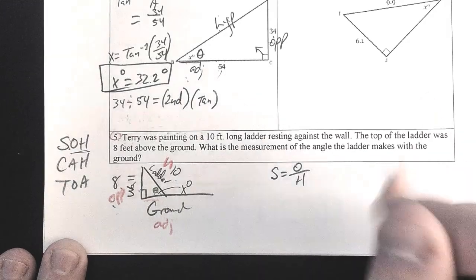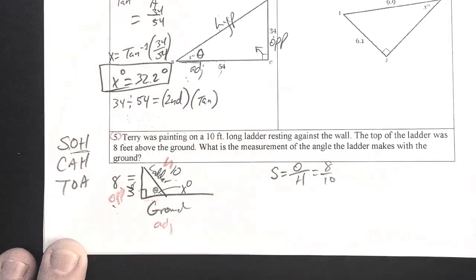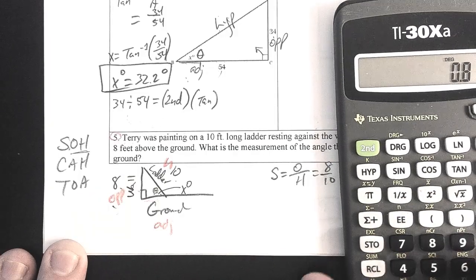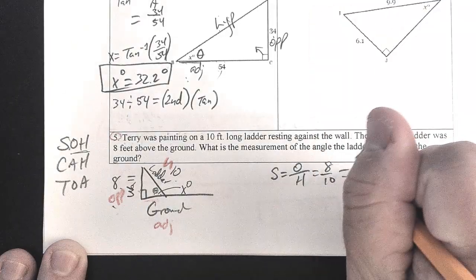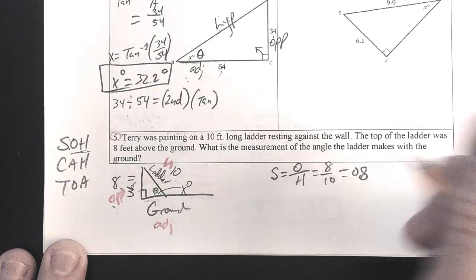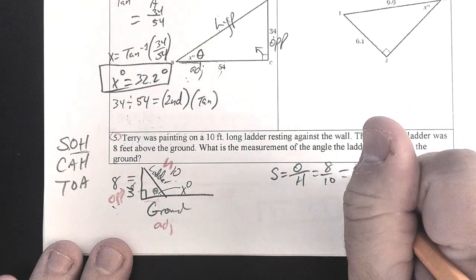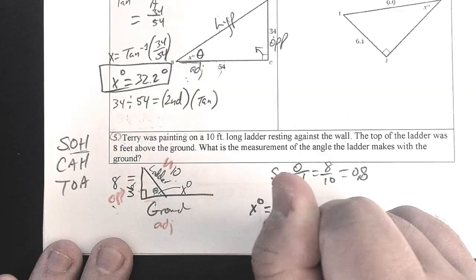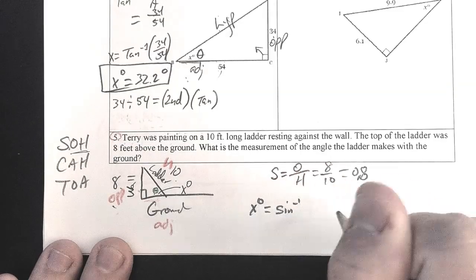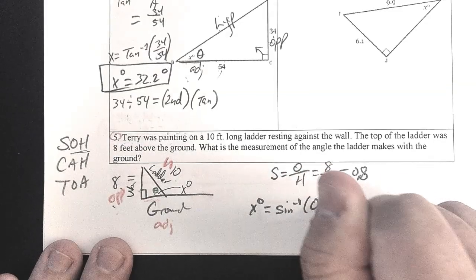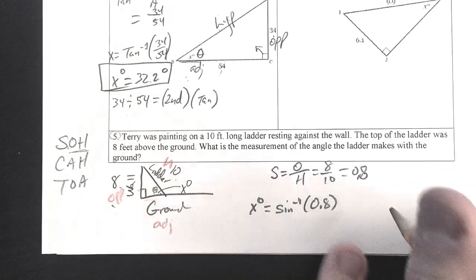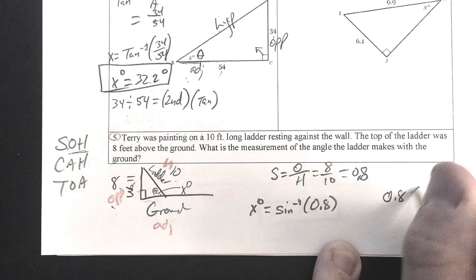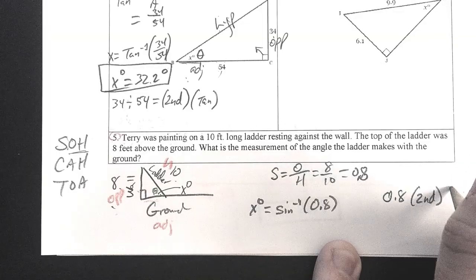This is 8 over 10. So 8 divided by 10 is 0.8. So the sine is 0.8. Now our x degrees is going to be the inverse sine of 0.8. On the calculator, it's 0.8, second, sine.